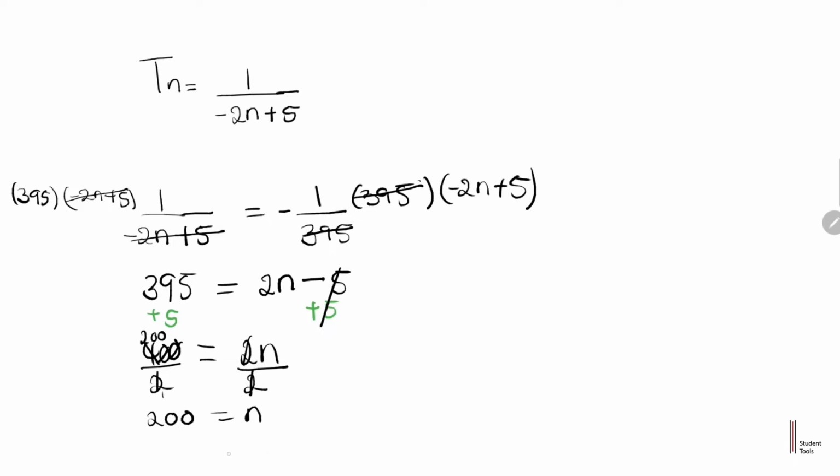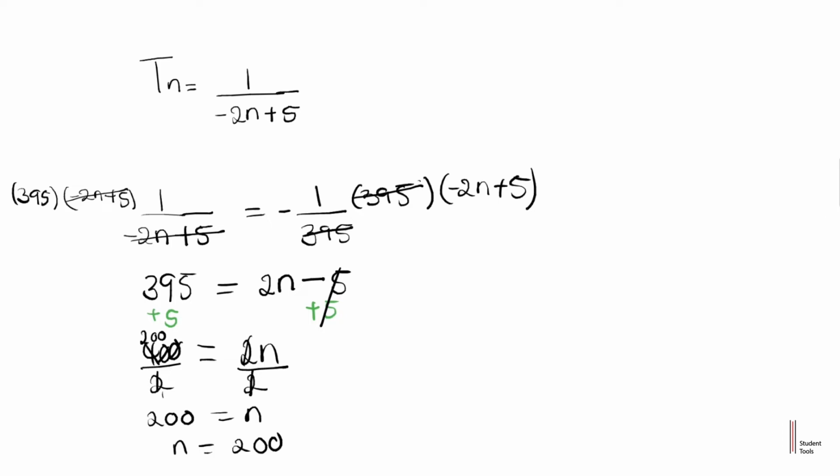So that means the value of the sequence, which is equal to a minus 1 over 395, is when n is equal to 200. And that is just how we determine that.